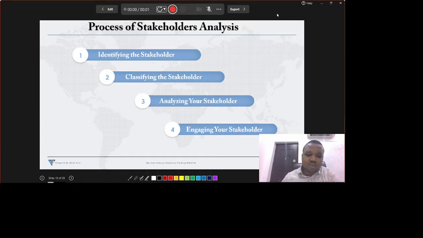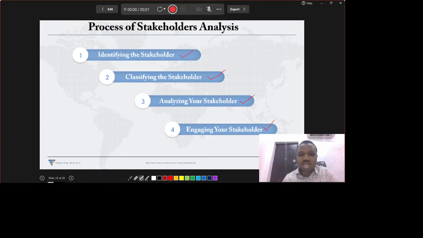We'll be looking at 4 core processes and stages to conduct stakeholder analysis: identifying the stakeholders, classifying the stakeholders, analyzing your stakeholders, and engaging your stakeholders. We know who the stakeholders are, but how are we going to identify those stakeholders?